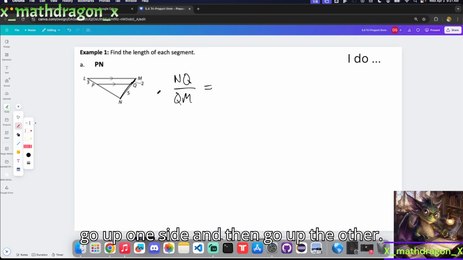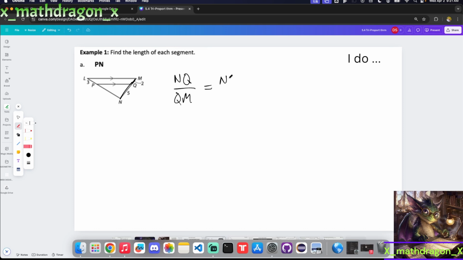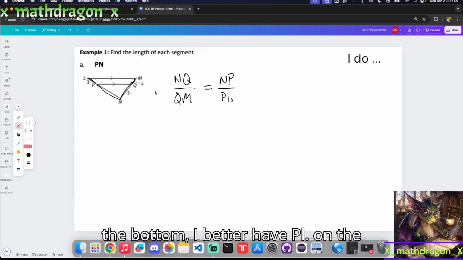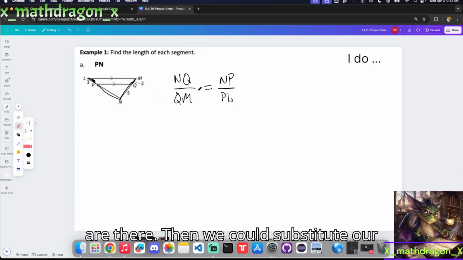So go up one side and then go up the other. NP over PL. So once again, start here and go to that piece. Try not to flip-flop. If I have this small piece MQ on the bottom, I better have PL on the bottom as well, making sure that those are there.